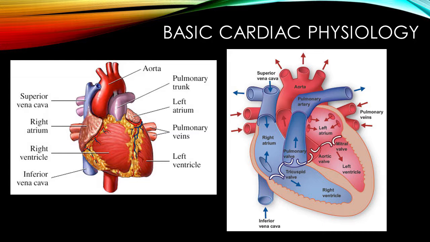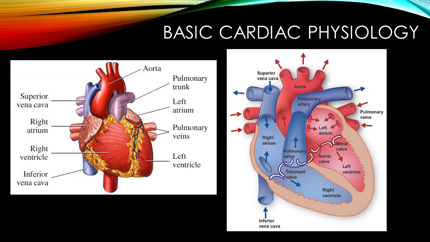So blood in our body comes through these veins. We have veins that drain our legs, and then veins that drain the brain and the top part of our body. All of that deoxygenated blood that comes from the veins actually enters the right side of the heart. And it goes into the right atrium, which is there on the top, and then down into the right ventricle.